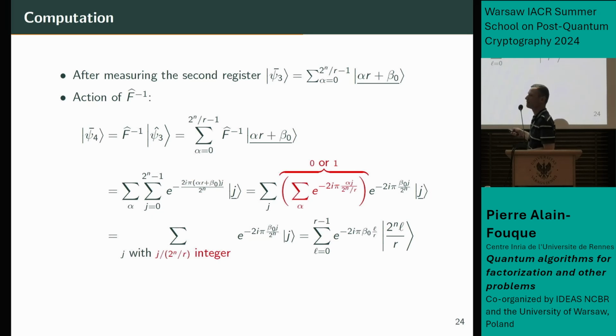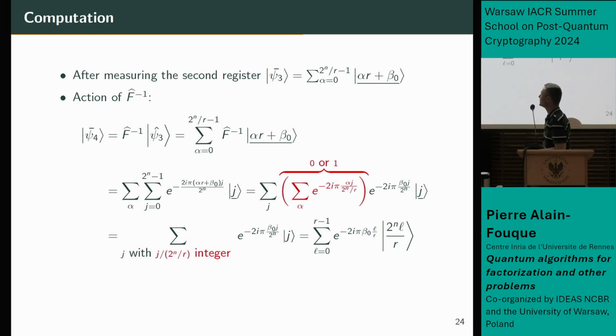This integer I call L. I simplify because it's a little bit complicated, so I make a change of variable and call this value L. In all these values, I can replace j divided by 2 to the n with L divided by R, and I do this only for the different values L, and I can show that there are only R such values. This is maybe a bit scary at first glance, but it's not very complicated to understand how it works.